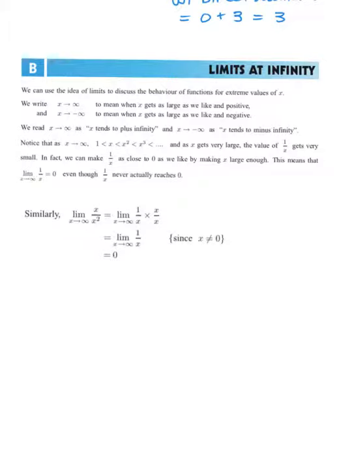Now, looking at limits to infinity just takes a basic conceptual understanding of fractions. So they say we write x approaches infinity to mean when x gets as large as we like and positive. And I do not like the way your book writes it here. They need to put a plus sign.